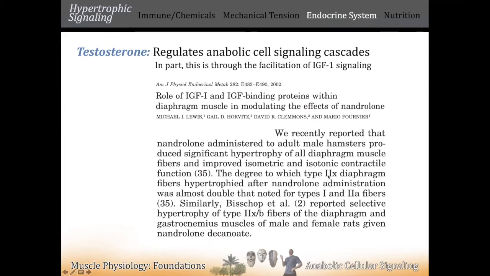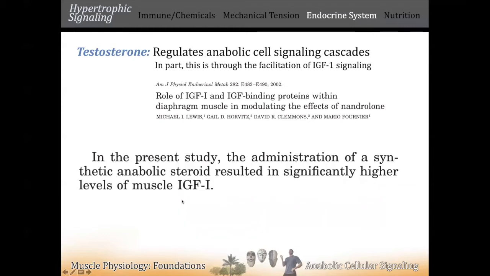And you'll see, I mean, this is animal diaphragms, but you'll see this in skeletal muscle. You can see a similar effect in the higher threshold motor nerves, or muscle fibers, where you're experiencing more hypertrophic signaling and more and more IGF.